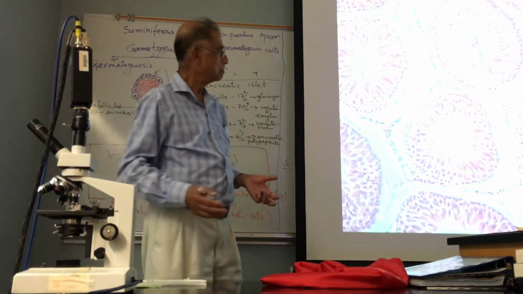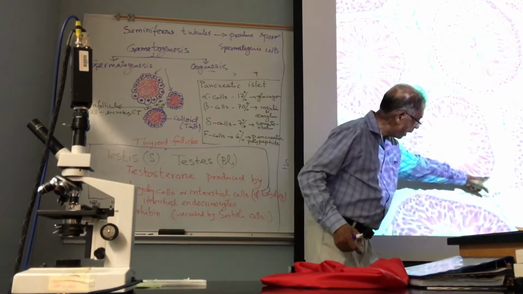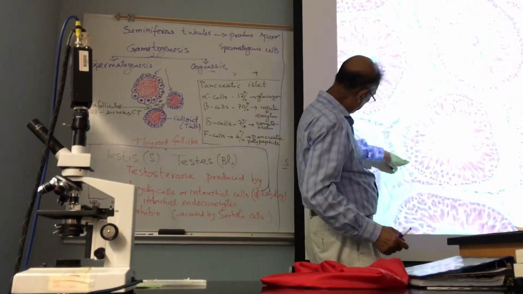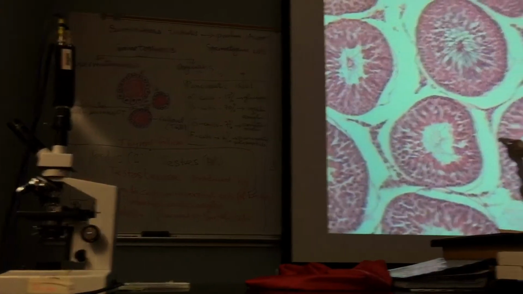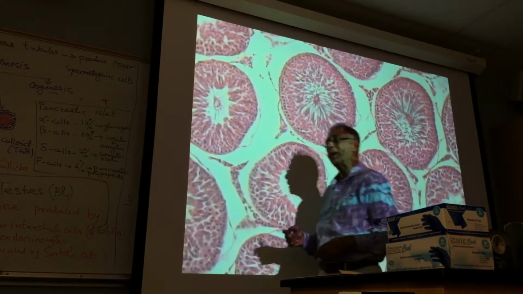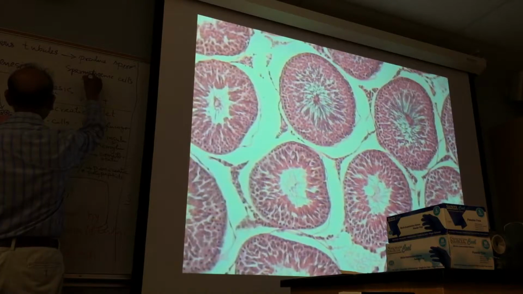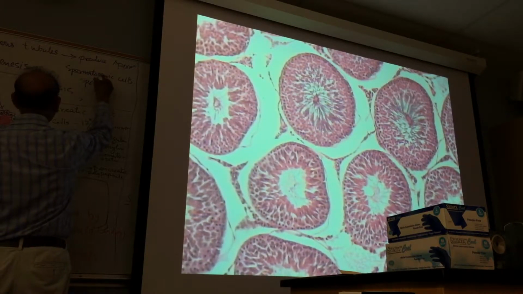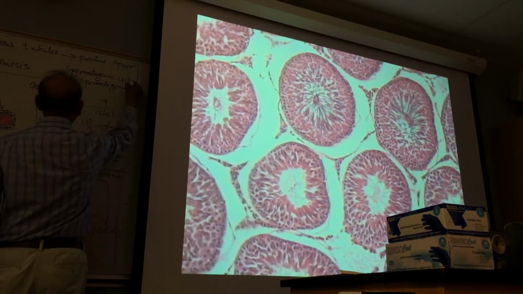Okay? Now, surrounding the seminiferous tubules, can you see these cells on the outermost boundary? These are the stem cells called spermatogonia, singular spermatogonium. You need to identify this.